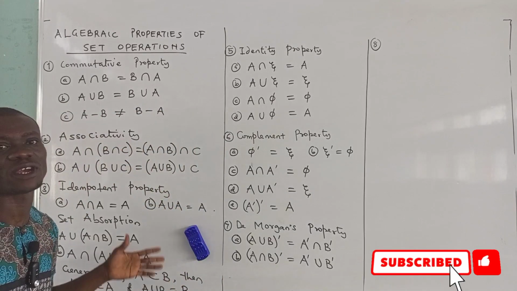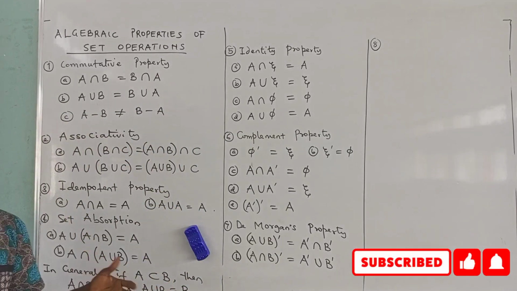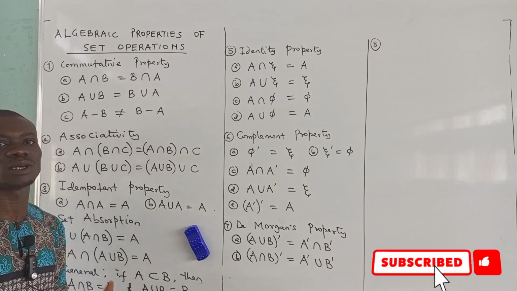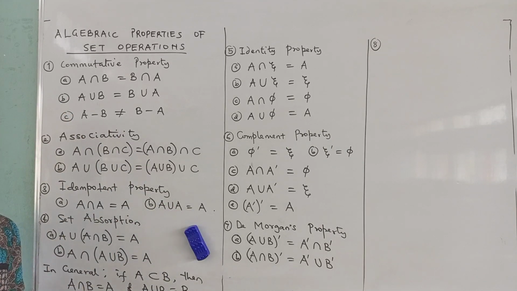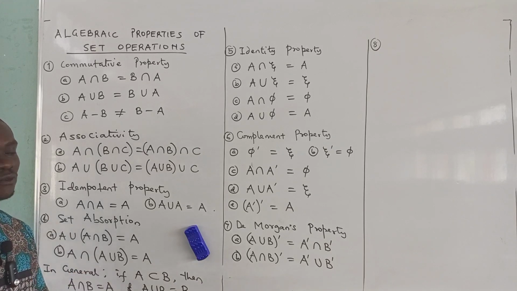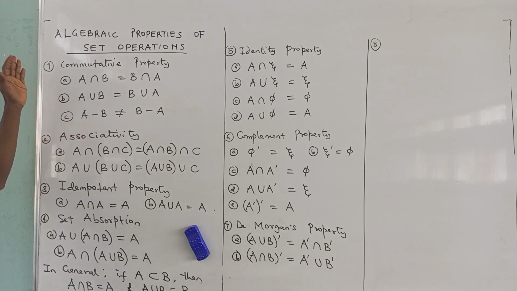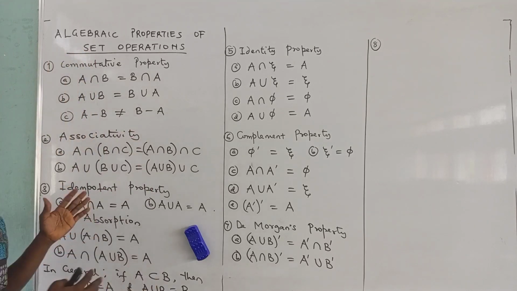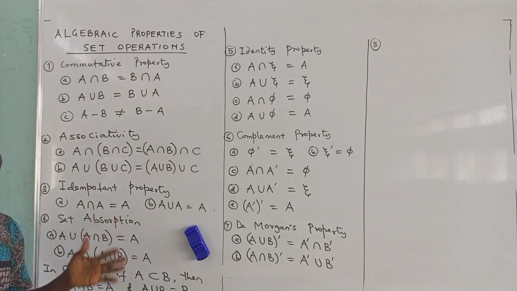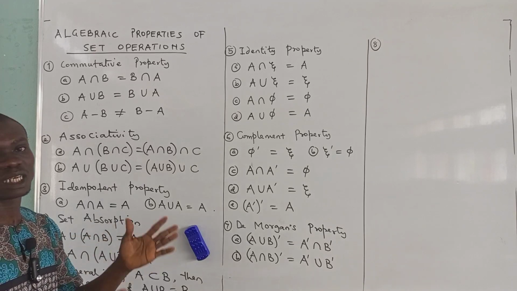These properties are very important because there are problems you will encounter in set theory that will be difficult to solve if you don't have knowledge of these properties. And above that, all of these come from definitions. Remember that the most important aspect of mathematics is actually definitions.